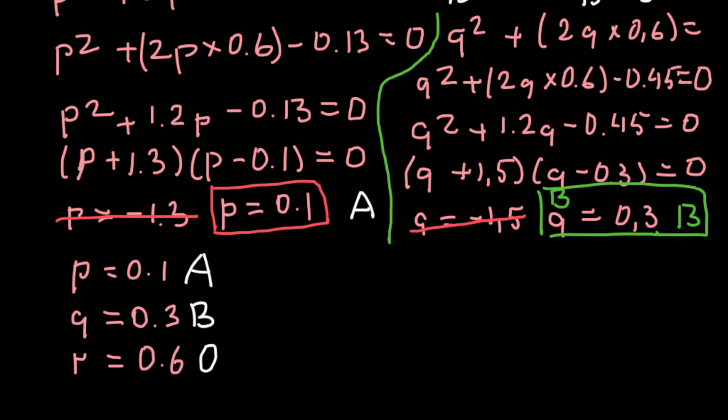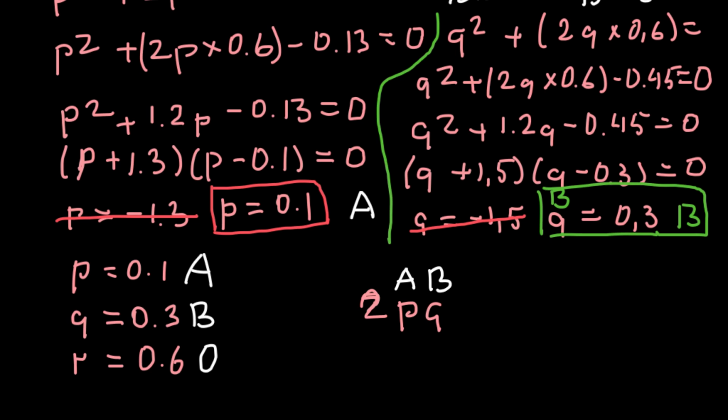And the last genotype and phenotype would be genotype AB, and in our formula, as you remember, we have 2PQ, and as you see, P stands for the allele A, Q stands for the allele B. So this is not Z, this is 2.